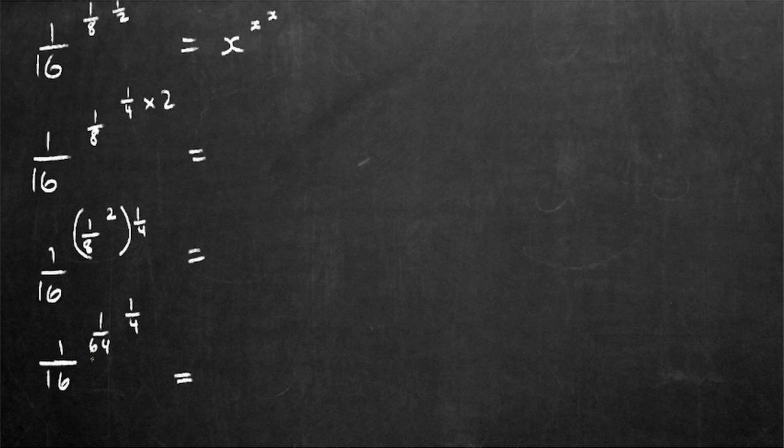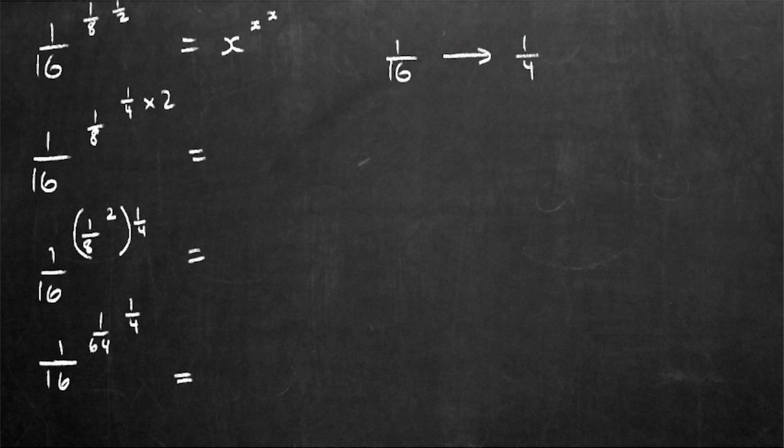We need to break this down into something that we can raise 1/16 to the power of, which makes it similar to the rest. I'm giving you a little bit of a hint here, because we need to break this down into something that makes this similar to this. So, what makes 1/16 into 1/4?